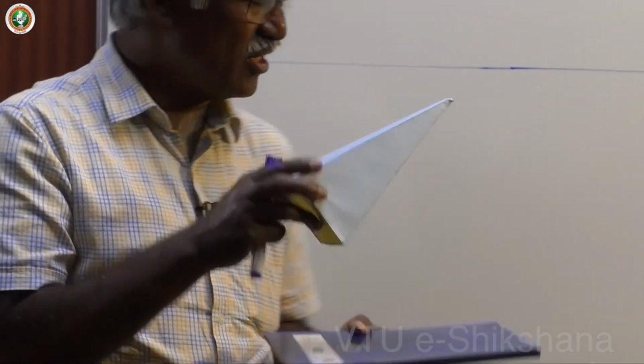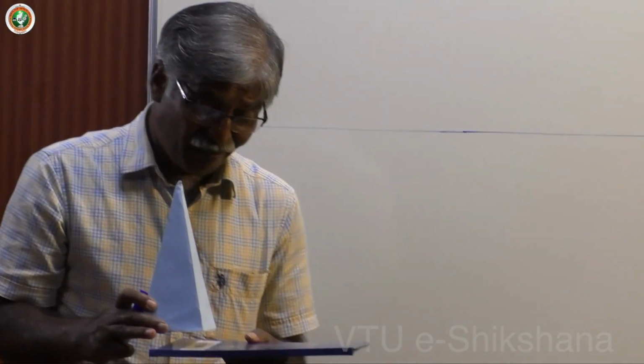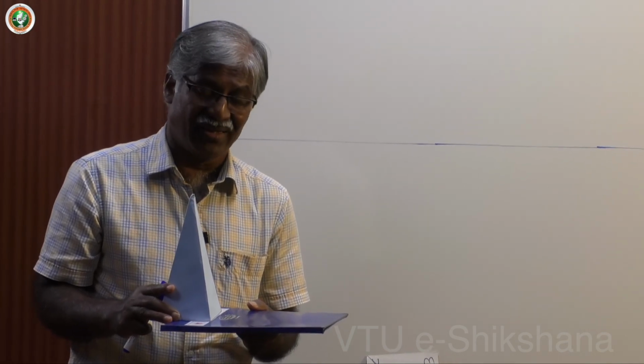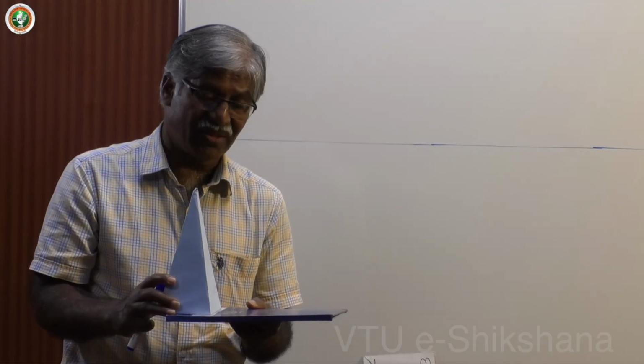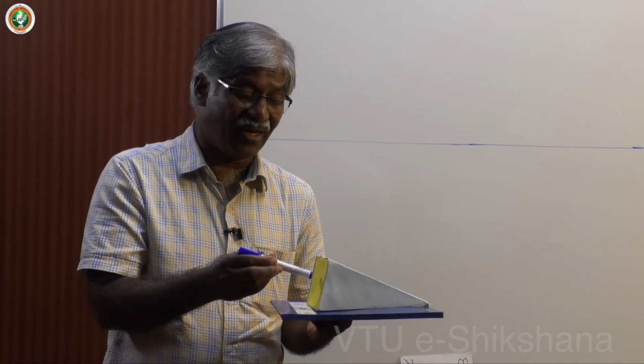So, this problem deals with the base edge to be placed like this on HP and then rotated. The base edge must be placed perpendicular to VP and rotated like this. So, this is first position, second position. Then the axis is already inclined to HP.